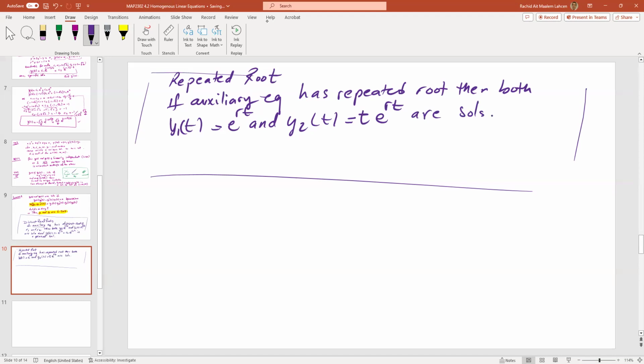And you can, of course, check them. That's why I mentioned to pause the video, and you can now do the substitution that we've done. And we learned that because these are linearly independent, y of t, of course, is a general solution.